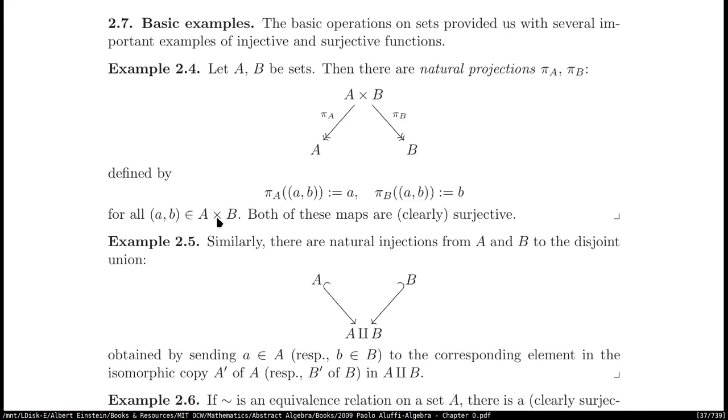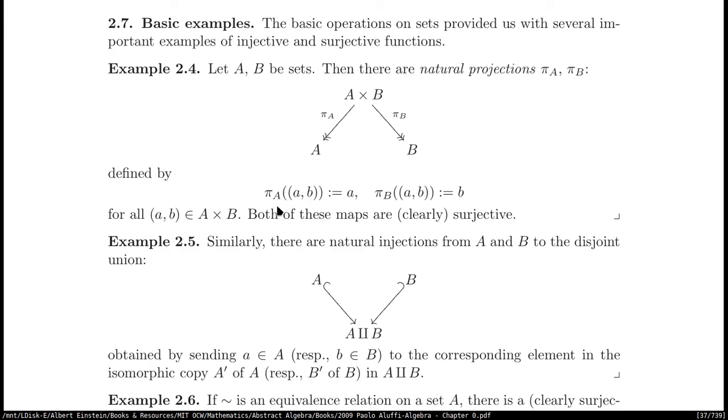Right, so you define pi sub A by applying it to an ordered pair. Remember, the Cartesian product A cross B consists of ordered pairs. So you take one of the ordered pairs (a, b), and when you apply this function, you just get a. You pull a out of it.